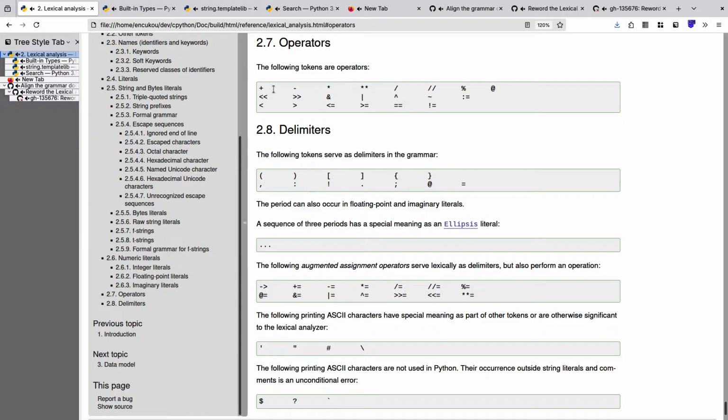The difference is operators are used in expressions between two arguments and delimiters are used elsewhere.